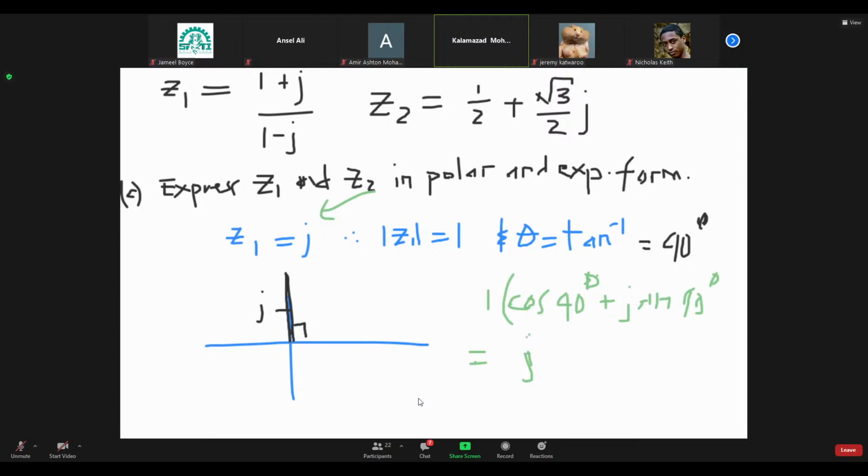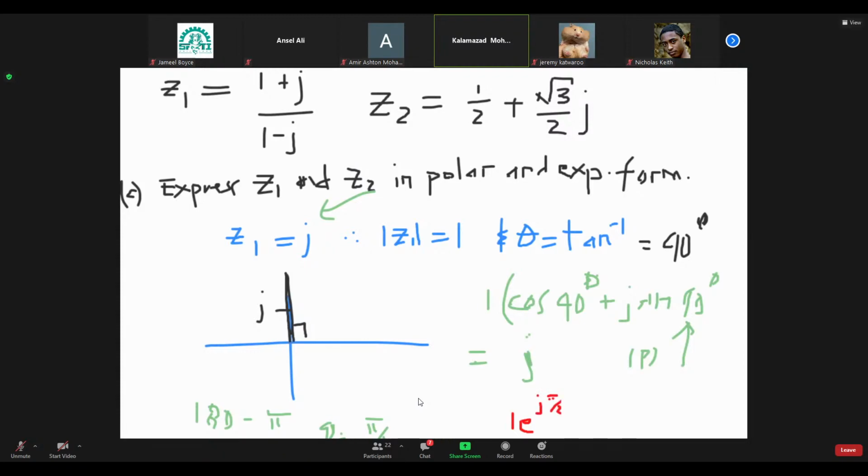Great. So what about in exponent form? Sorry, this is polar form. So in exponent form, 90 degrees, remember, 180 is pi, so 90 is pi on 2. So it's going to be 1 e to the j pi on 2.